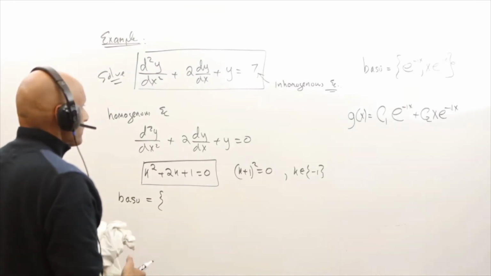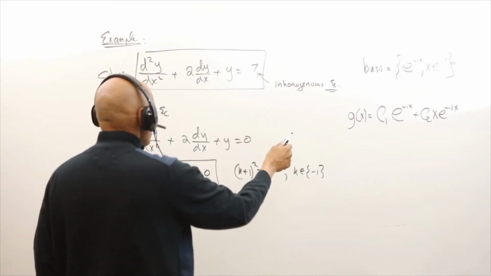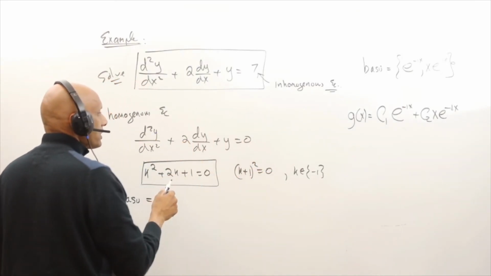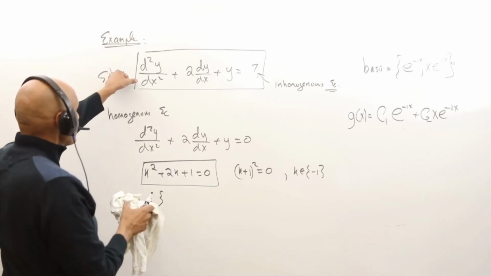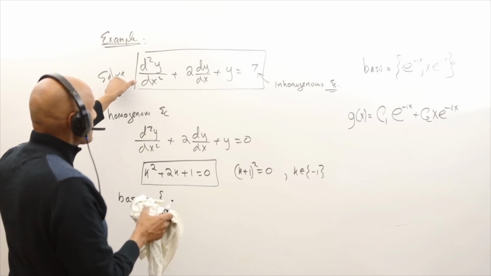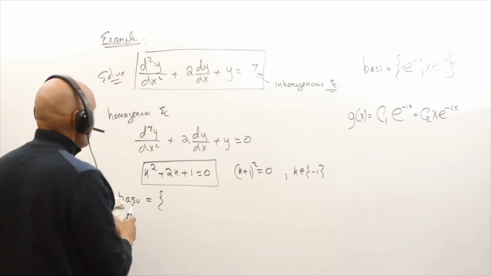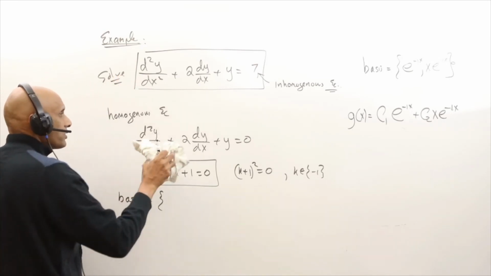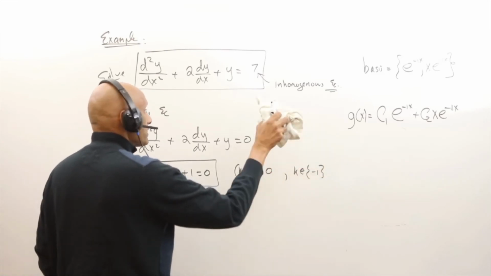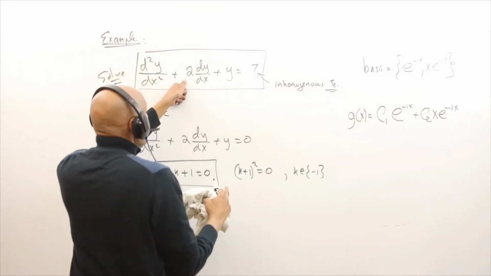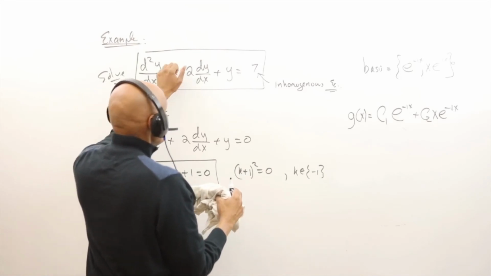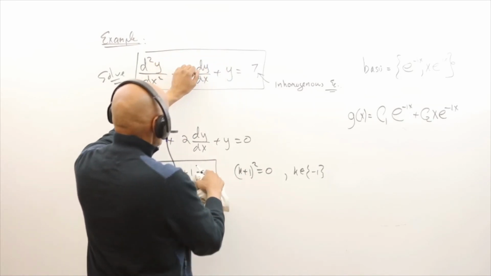Now this is our general solution for our homogeneous equation, and now we just have to solve this equation for one instance solution for this differential equation. So we have the solution for the homogeneous, but it's not a solution for this, because if I plug this into this equation right here, we'll actually see that the answer will be 0, and that's not equal to 7.